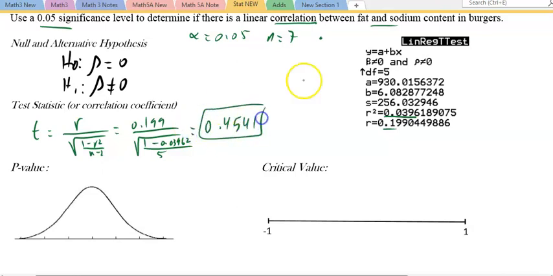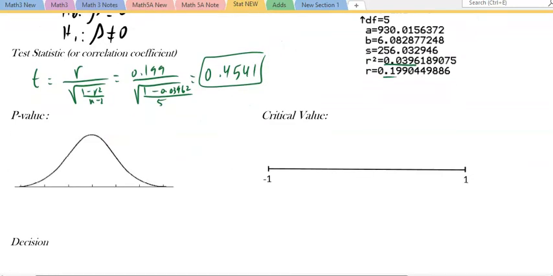We did this way too many times. Now, if I want the p-value, it's always two-sided. Alpha equal 5%, right? So the p-value is going to be 2 times the probability that t is less than negative 0.4541.